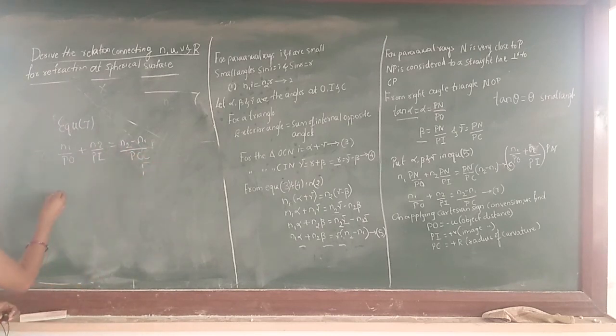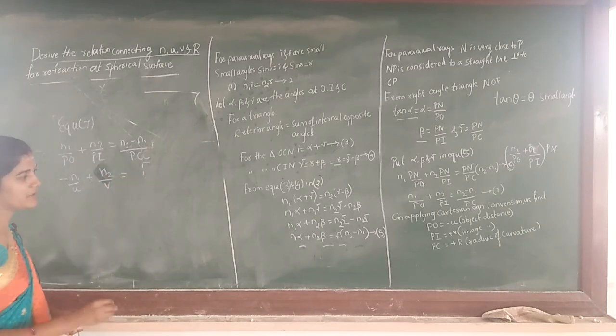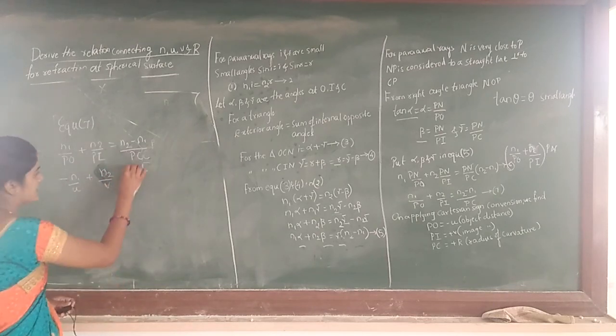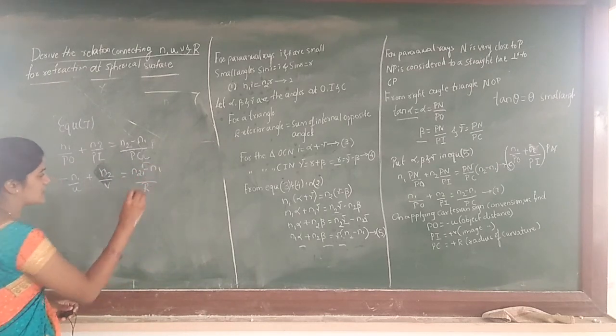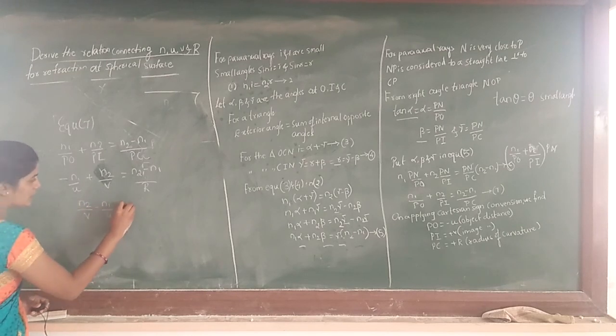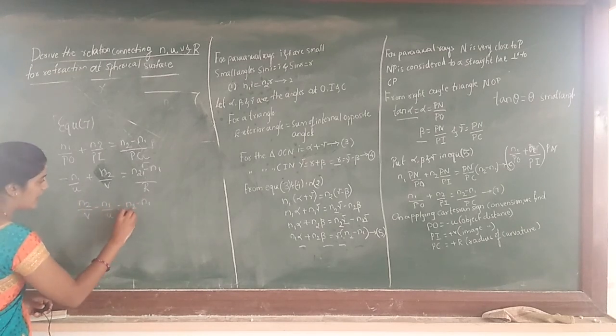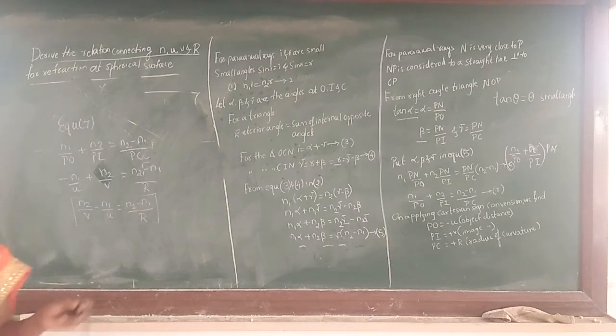Now we know the value of Po, minus U, plus n2 by Pi, Pi means V, so n2 by V, is equal to n2 minus n1 divided by Pc, which is plus R, the radius of the curvature. This can also be written as n2 by V minus n1 by U is equal to n2 minus n1 by R. This is the derivation, or this is the expression for your n, U, V and R.